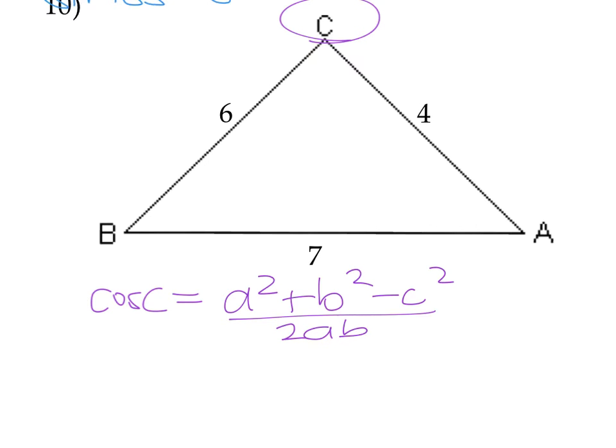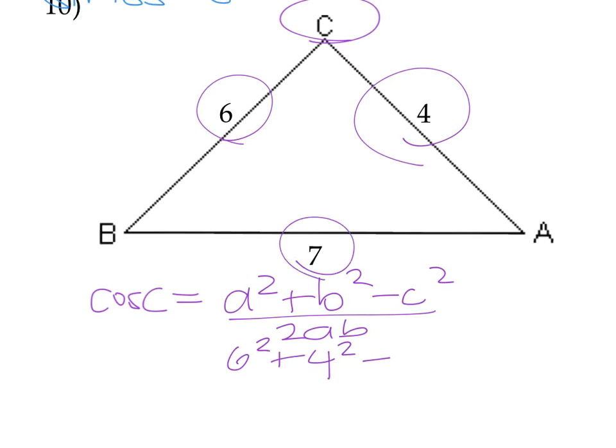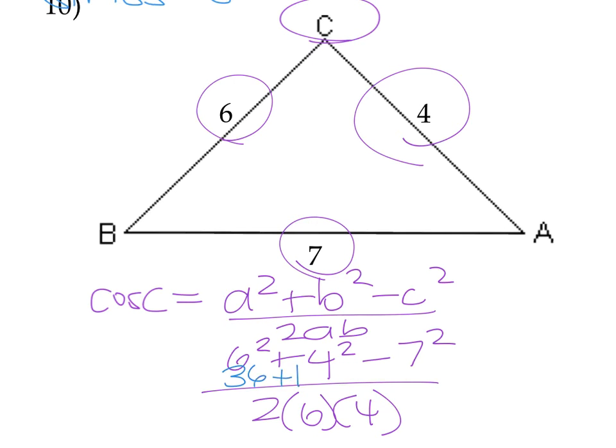So A squared is 6 squared. B squared would be 4 squared, and C squared is 7 squared, over 2 times 6 times 4. You can type that all in the calculator, or you could break it apart piece by piece. So 36 plus 16 minus 49 gives you 3. And then 2 times 6 is 12, times 4 is 48.